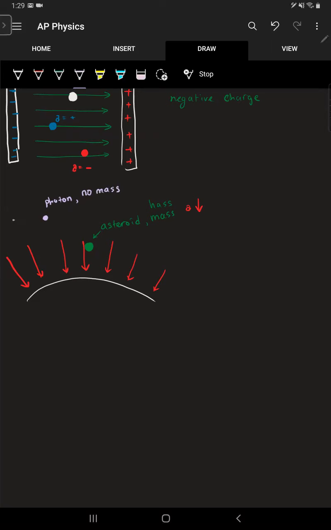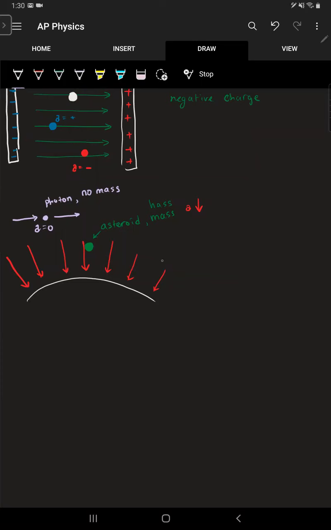A photon that is shooting across the Earth's atmosphere will not have any amount of gravity acting upon it. A equals 0. This is because a photon has no mass. The condition for having a gravitational acceleration is to have mass. Since a photon has no mass, we can't say that it experiences gravitational acceleration. There is not a single thing that I know of that we can clearly visualize that has negative mass.